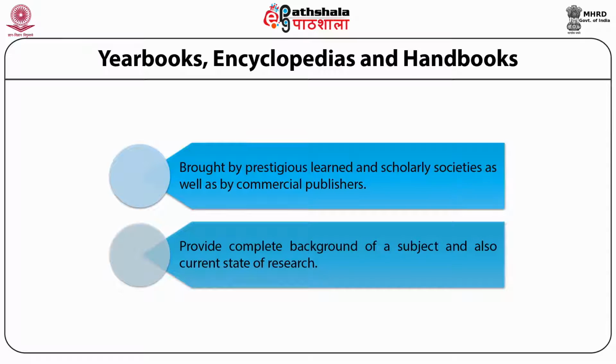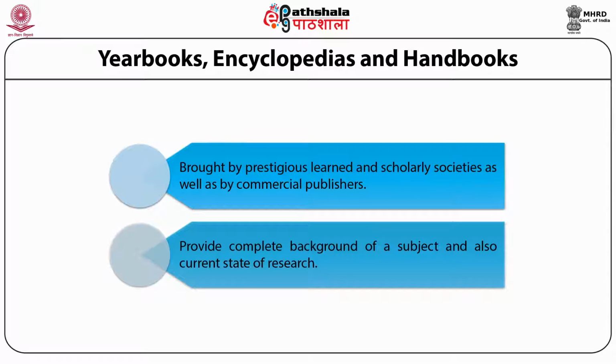This is a very important feature of these kinds of publications, that they contain the current state of that particular subject. Whatever research has taken place in the preceding year, whatever research trends and findings are available in that subject during the preceding year, that becomes part of these yearbooks, encyclopedias, and handbooks.